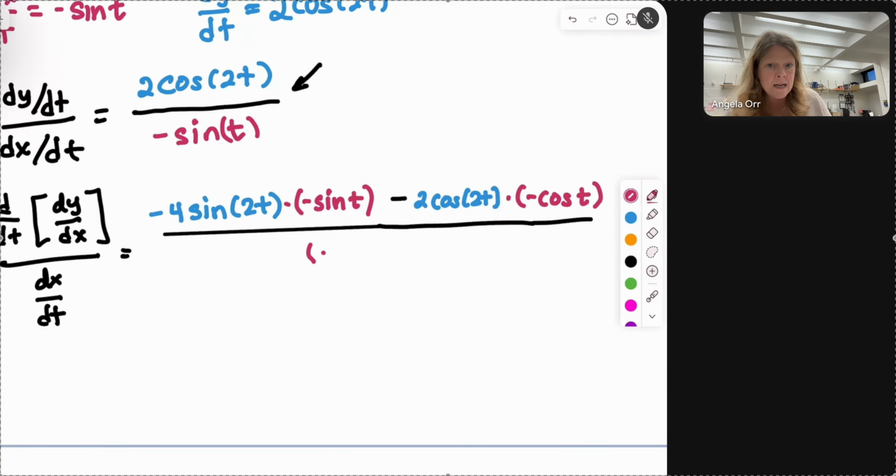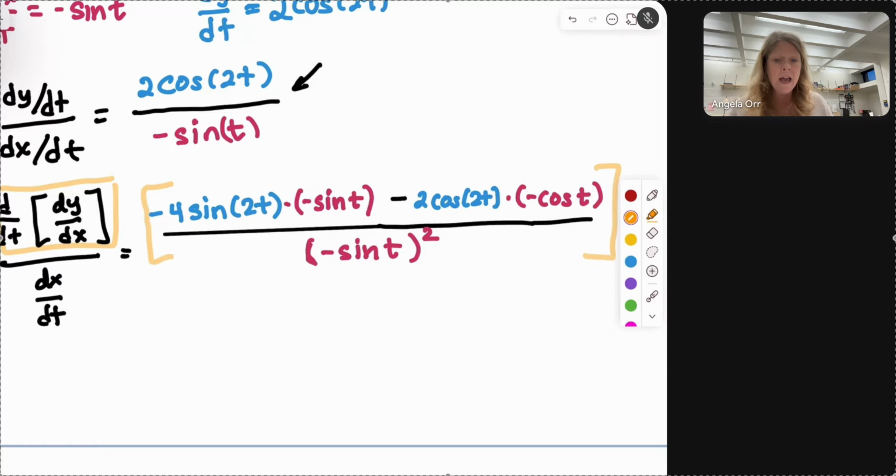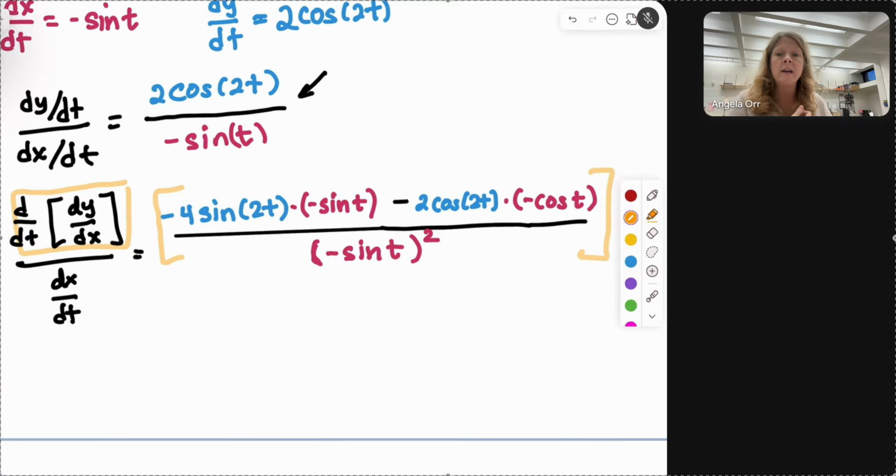So that's going to be negative sine of t, quantity squared. So that's just my numerator here. That is just this portion up here. That is the derivative of y with respect to x, and I'm going to take the derivative of that with respect to t. Okay, so that is d dt of dy dx.